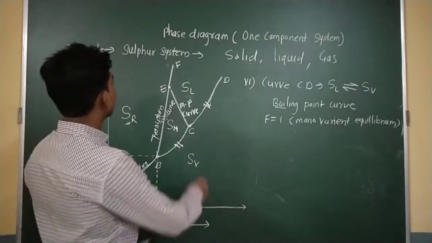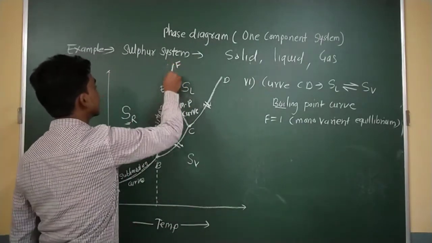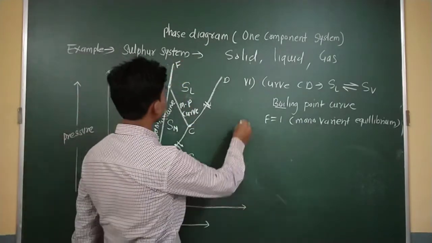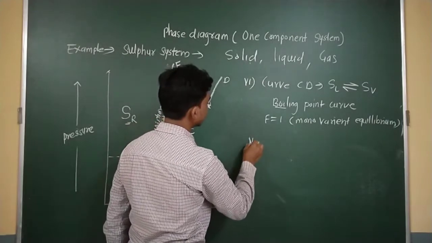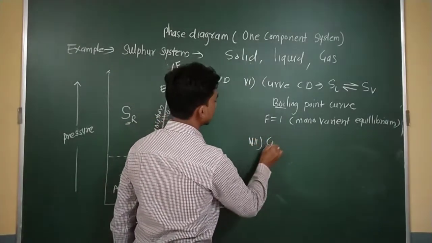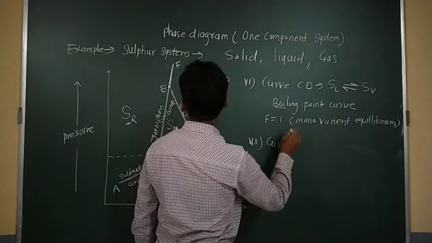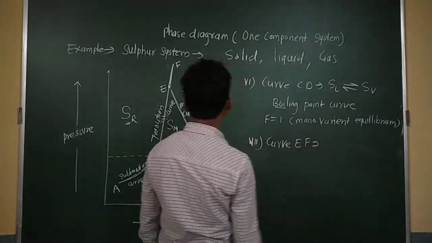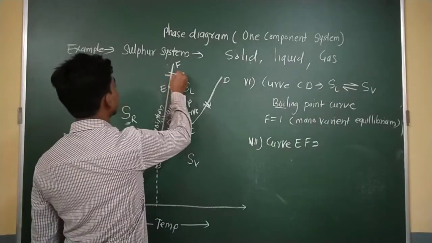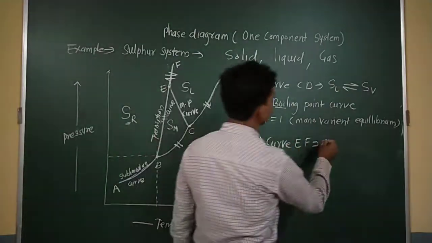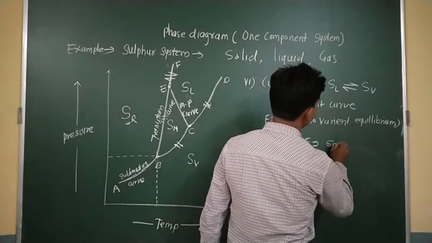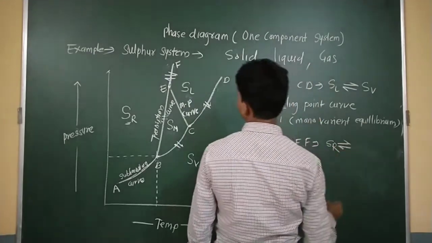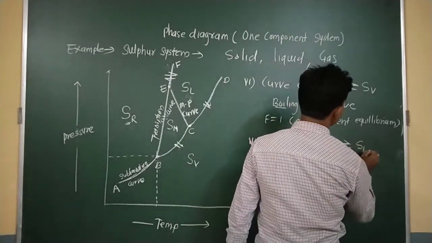Okay, now what does this curve indicate? Curve number 7th, curve E to F. Which kind of equilibrium is here? Sulfur in a rhombic form is in equilibrium with sulfur in a liquid form.